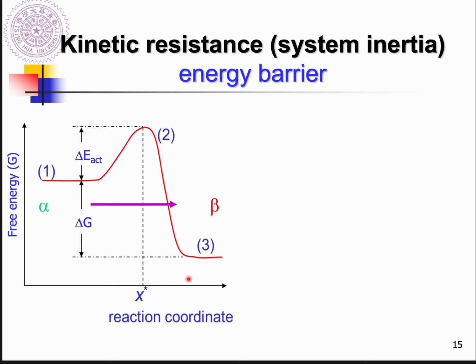What we have here is that stage 1 is the alpha phase, and the beta phase has the lower Gibbs free energy, right? Based on what you learned from the previous slide, because delta G is smaller than 0, or because the Gibbs free energy at stage 3 is smaller than that at stage 1, we know the reaction direction is definitely from alpha phase to beta phase, right?